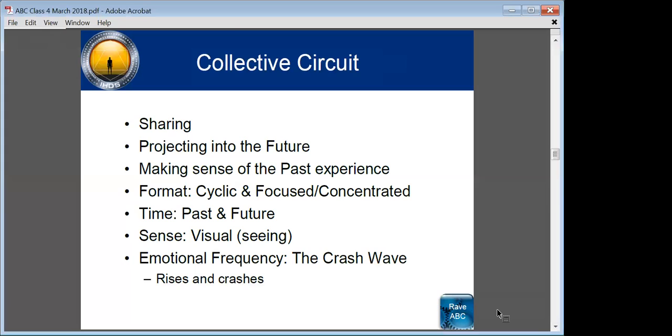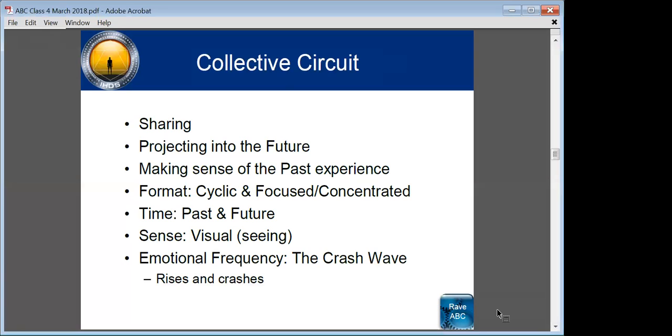So yes, this is the collective sharing, projecting out logical patterns into the future and making sense out of the past experience. And the ultimate purpose of that is, again, transcendence, so that we're going beyond the present.